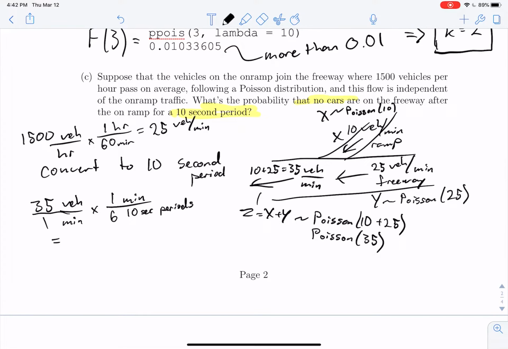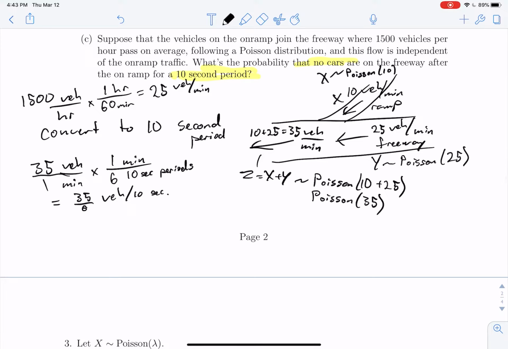So this equals 35 over 6 vehicles per 10-second period. Okay. So we're running out of variables, we have z there. So let's say we'll loop back to a.